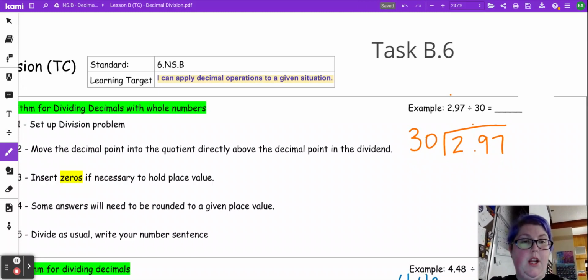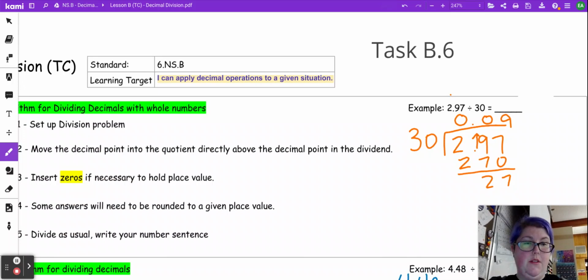We're going to bring the decimal point up above, and we're going to use those zeros for placeholders since 30 is bigger than 2. 30 is also bigger than 29, but 30 is not bigger than 297. 9 times 30 is 270.